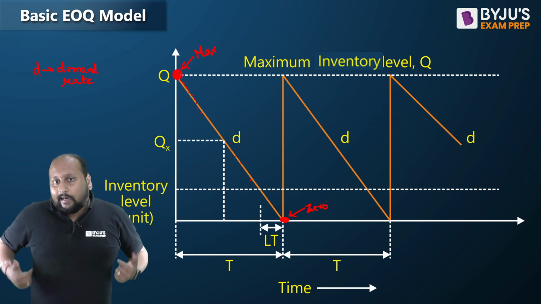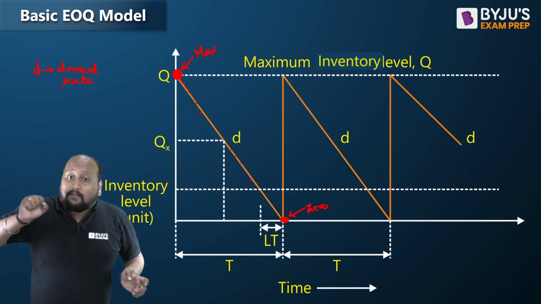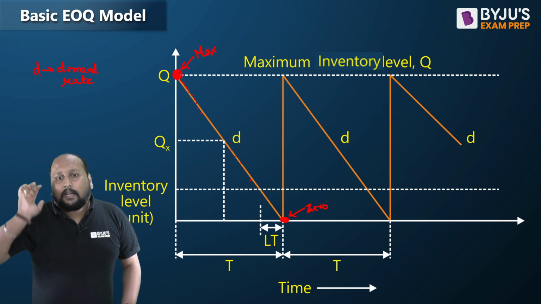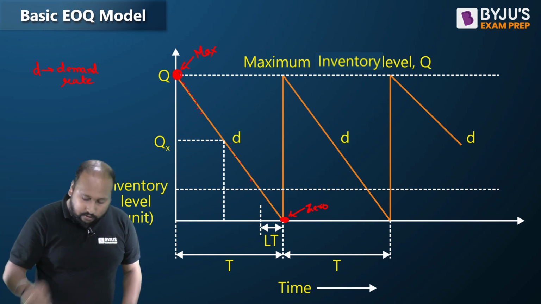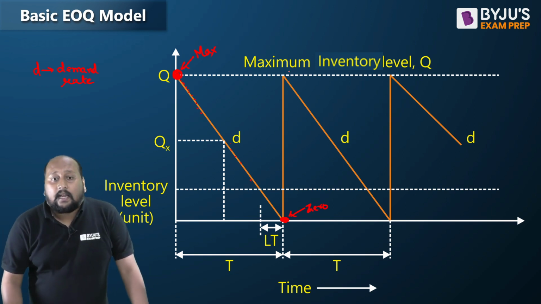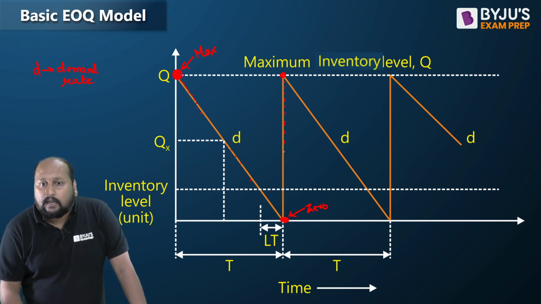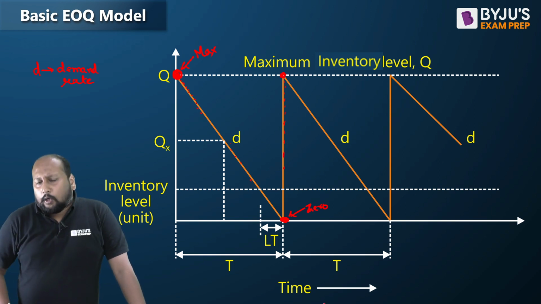And ideally, on the day when the inventory becomes 0, on the same day your next inventory will be coming into your storage house, right? So I can say the next day, the next inventory comes, and that is the reason your inventory increases again to this level.